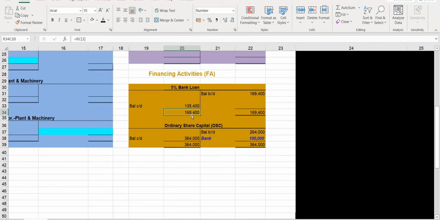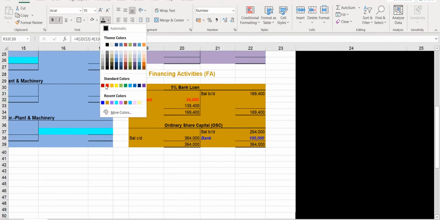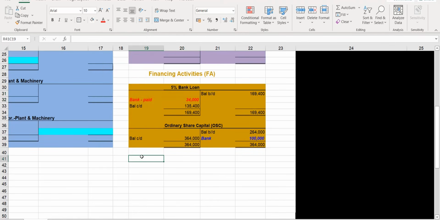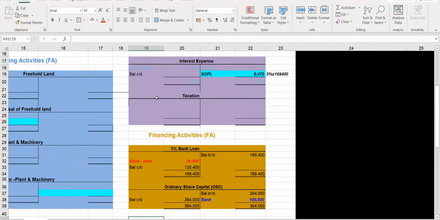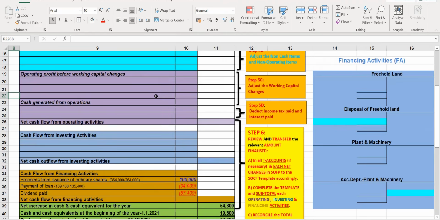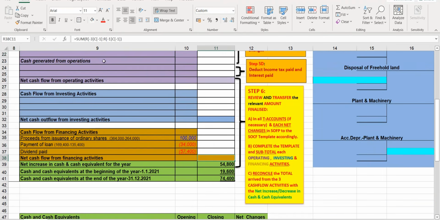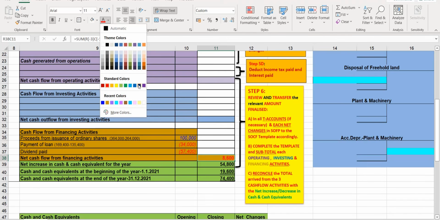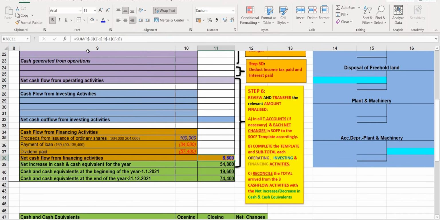The difference between the debit total and the balance carried down is actually the bank loan repayment, and that is the one that will be shown under financing activities. Next, so we are done with the financing activities. You can now total up, and your total would be an inflow of 8,600.